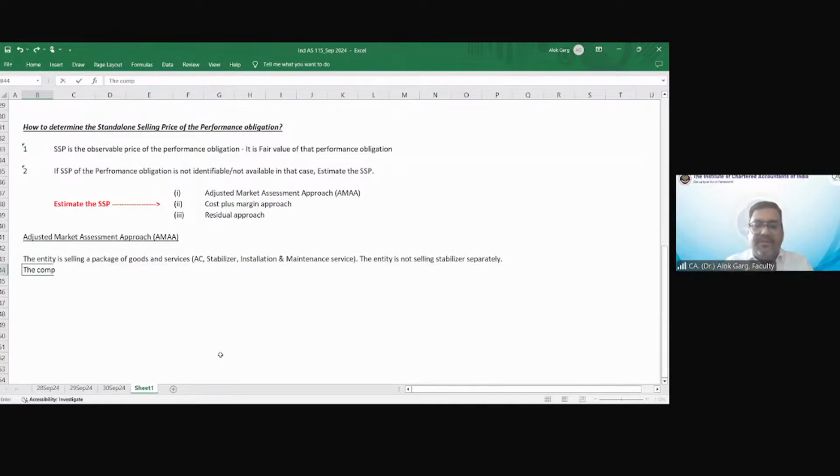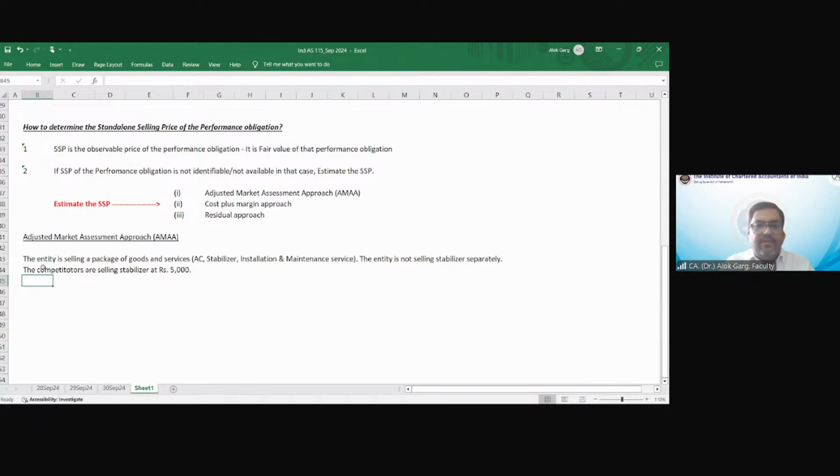The competitors are selling the stabilizer at rupees 5,000.